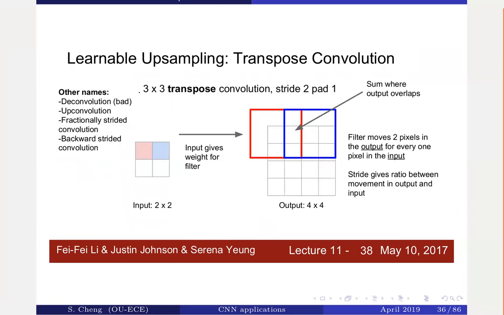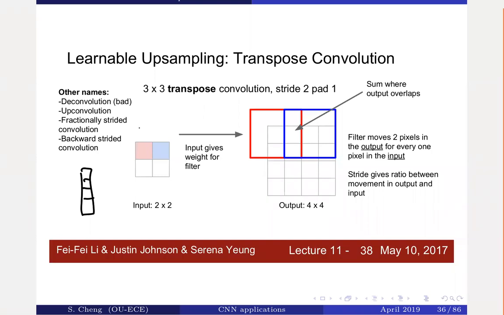Maybe just give a one-dimensional example, to see if you guys actually understood what we talked about just now. Let's say I have a 4x1 filter.